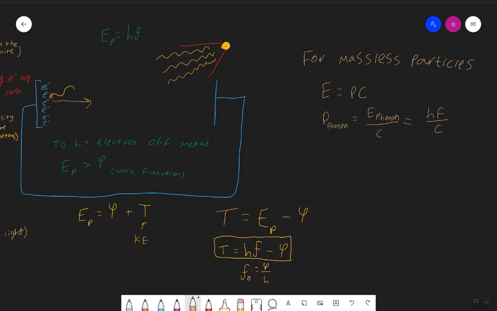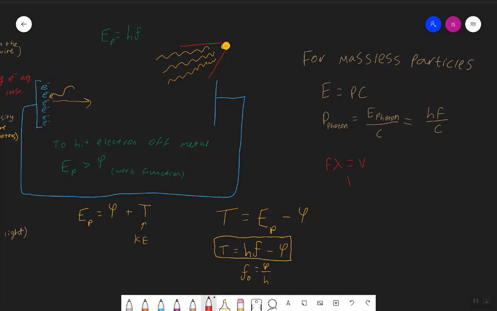And if you remember from mechanical waves, which I'll have the link in the description for my video on mechanical waves, we know that mechanical waves have a relationship between their frequency and their wavelength. That is, that the frequency of a mechanical wave times the wavelength lambda, f times lambda, is equal to the velocity of a wave. But the velocity of a light wave is the speed of light.